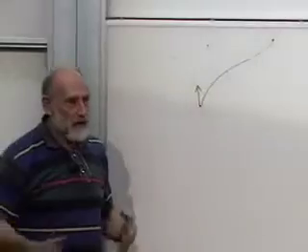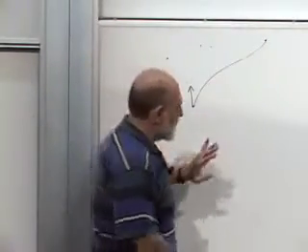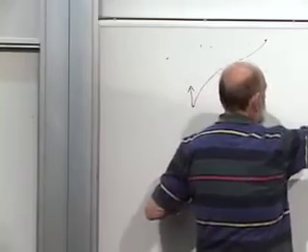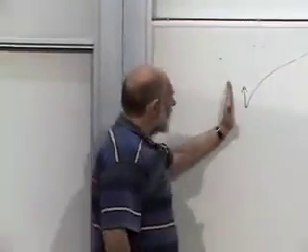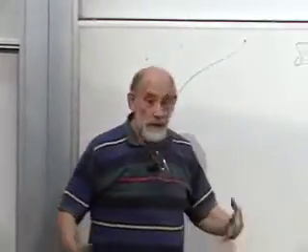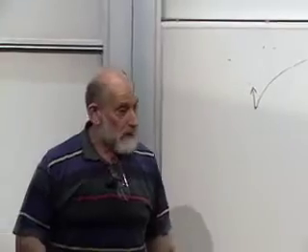We can just choose Cartesian coordinates where the metric is just delta mn. And in those coordinates, keeping the vector parallel to itself just means keeping its components constant.